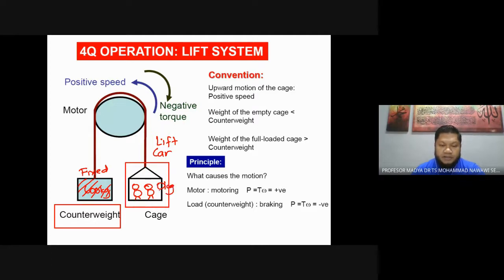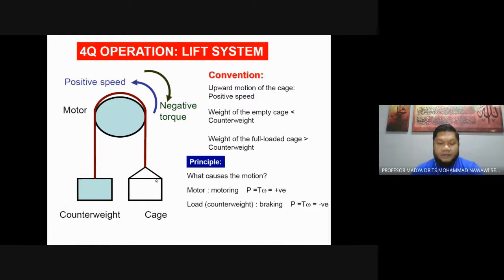If no one's in there, and then it will of course increase or reduce the weight. It depends on the cage. Okay, so we can have the weight of the empty cage lower than the counterweight, or you can have the weight of the fully loaded cage which is greater than the counterweight. We have these two conditions here.